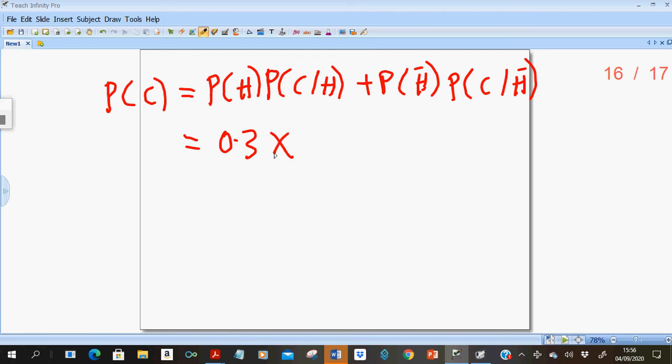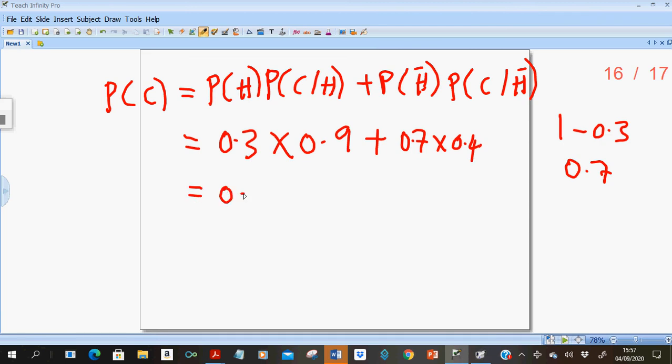Then we add the probability of not having HIV/AIDS. This was not given, but since we are given the probability of having HIV/AIDS, which is 0.3, we know that all probabilities should add up to 1. Therefore 1 minus 0.3 is 0.7, which gives us the probability of not having HIV/AIDS. The probability of being cured when you don't have HIV/AIDS is 0.4. Then we compute those, and we find 0.51.